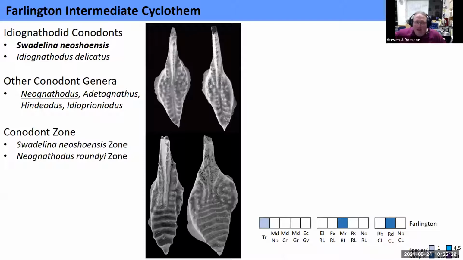Unfortunately, it is a very small specimen, so it does not show lobe development very well. And so I've been using the specimen on the right from Suede as a more appropriate middle-ranged version of Idionethotus delicatus as I look at conodonts in this interval. Let's go to the next slide.